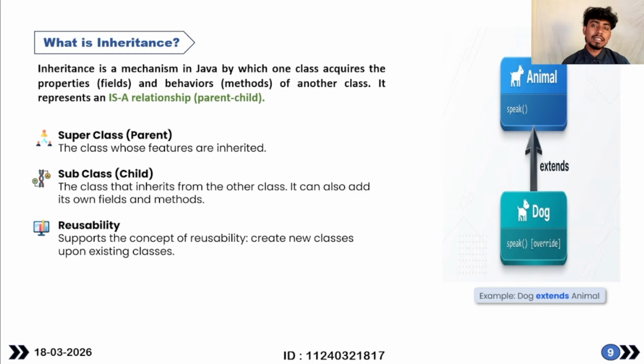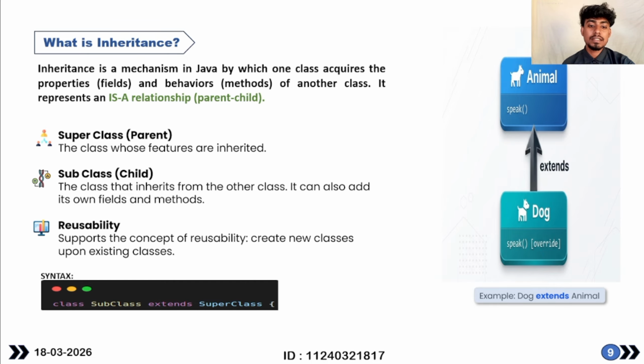The core logic is an "is-a" relationship. For example, a dog is an animal. Please notice the syntax. By using the extends keyword, we achieve this.